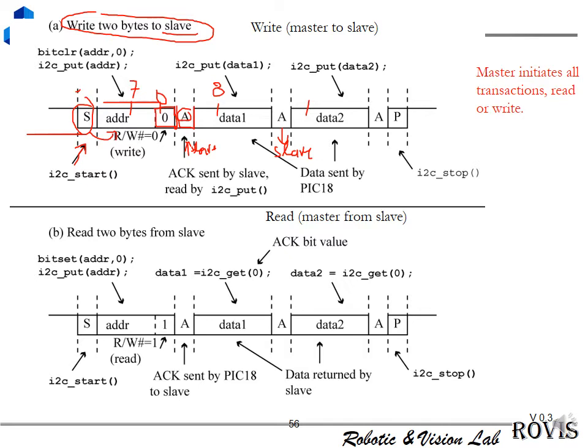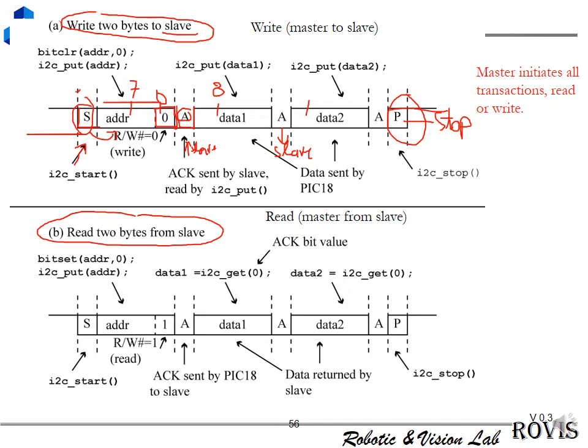When we want to finish the protocol, we must send something called the stop bit. We can see that the stop bit is always high, and the start bit is always low.